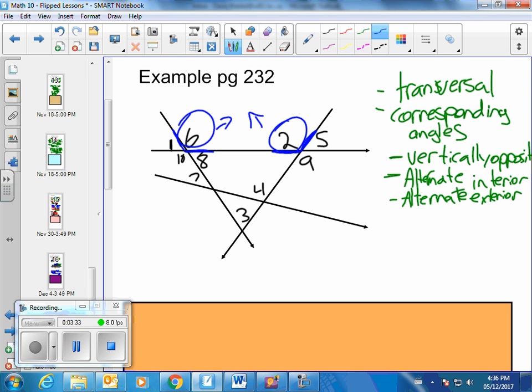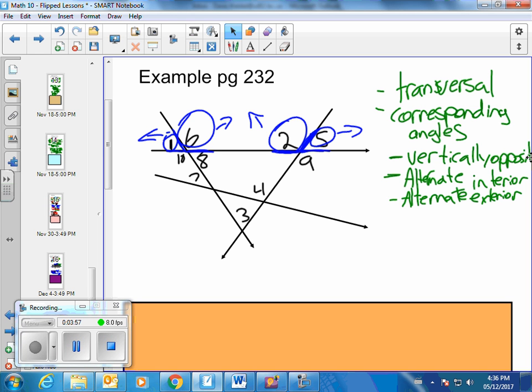We also have corresponding angles here with 1 and 5, where they are the acute angles, so smaller than 90, facing towards the outside of our structure. So both of those are examples of corresponding angles.